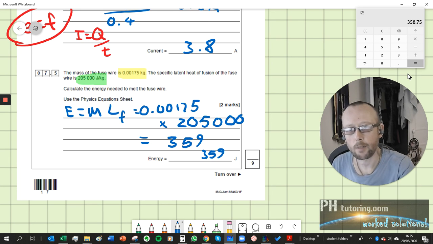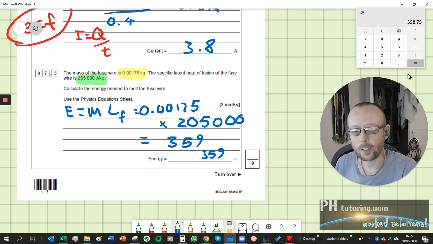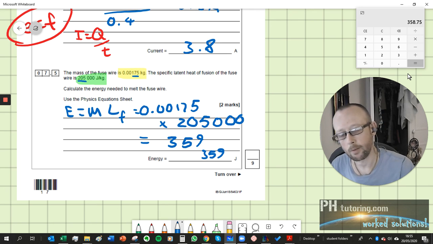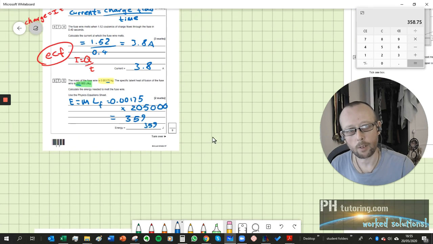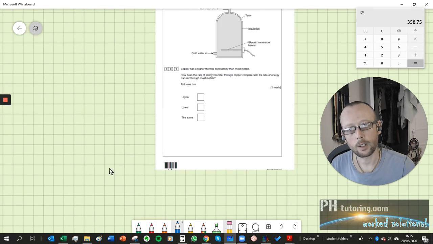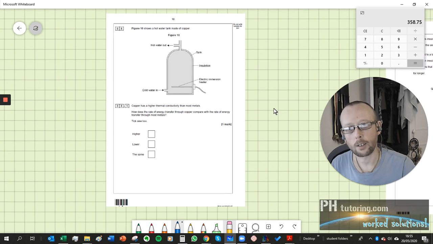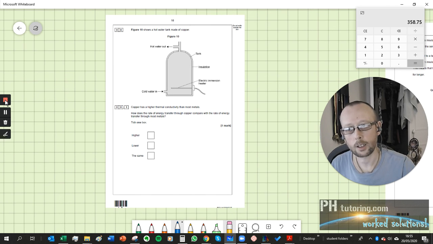Now why is it 359? Well, I don't think you get docked for this, but the reason is that it should be 3 significant figures, because these are 3 significant figures. But don't worry too much about that. I'm sure you probably still get the marks even if you put 358.75. Okay, so that's question 7, sorry.